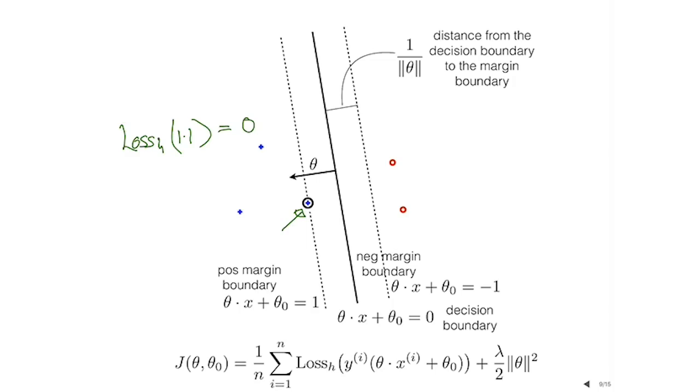So the points on the margin boundary and the correct points that are on the correct side and beyond margin boundaries incur no loss at all. Points that now go into the margin boundaries do start incurring loss.